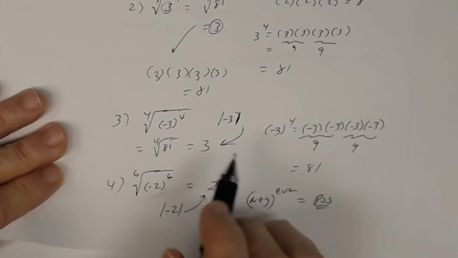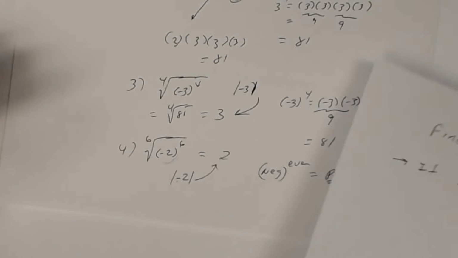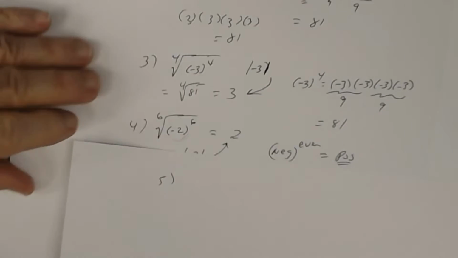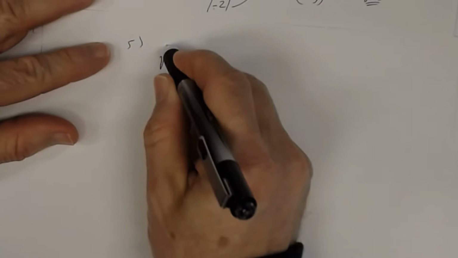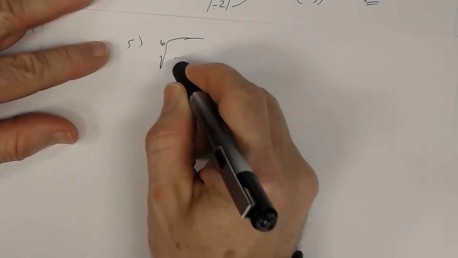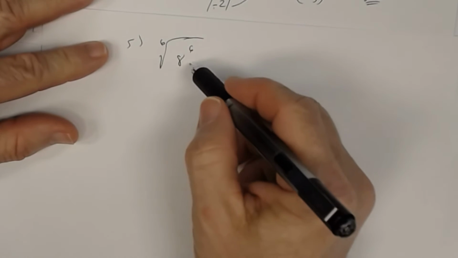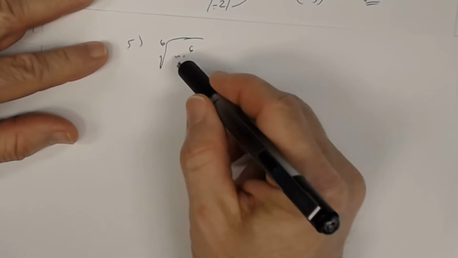See that? So if I had, let's say, number 5. Let's suppose I had the 6th root of 8 to the 6th power. So you see, this is already positive, right?